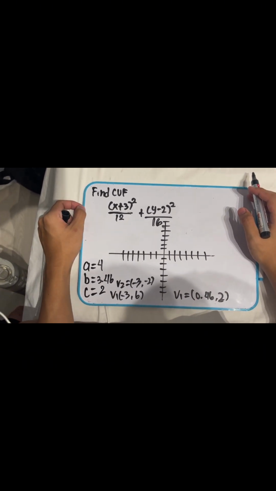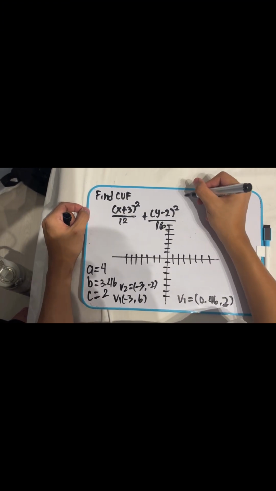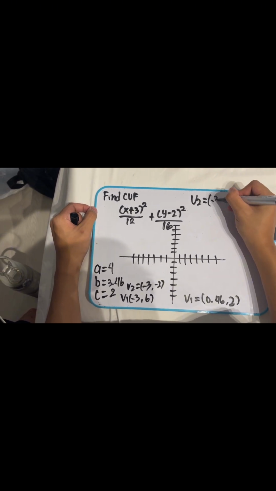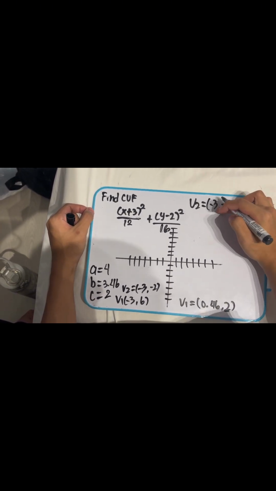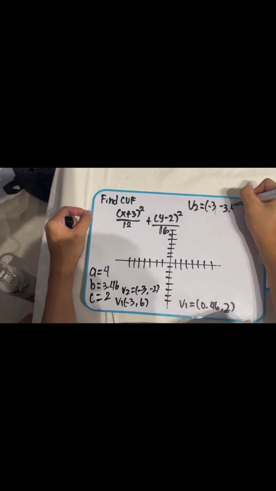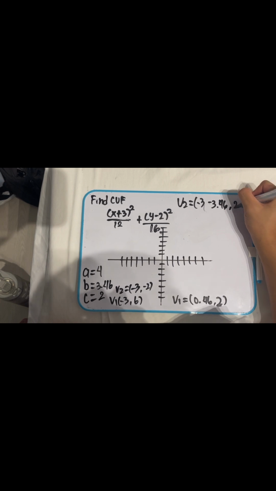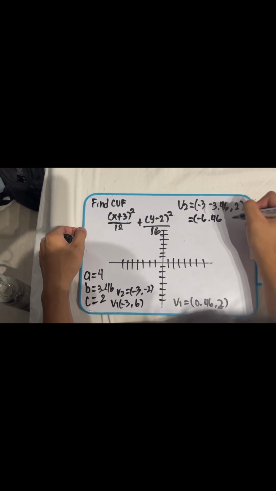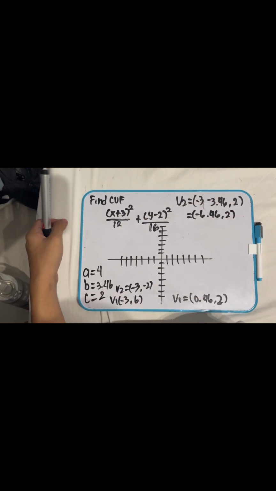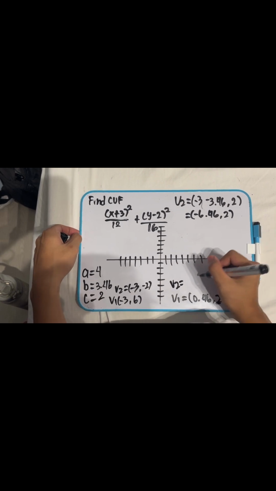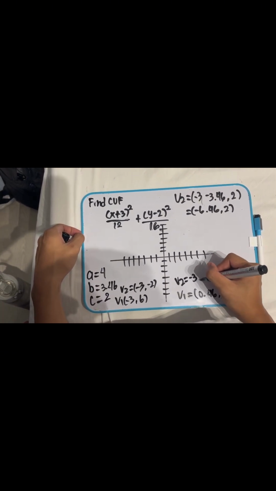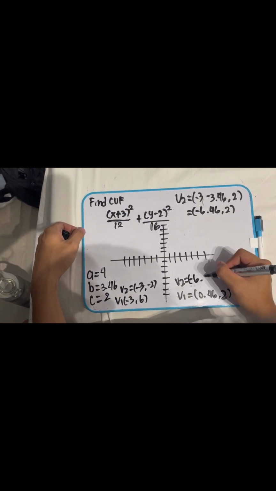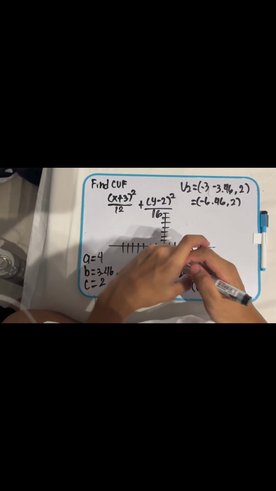It equals negative 3 minus 3.46 and 2, which equals negative 6.46 and 2. That's the values of our second one. So now let's plot.